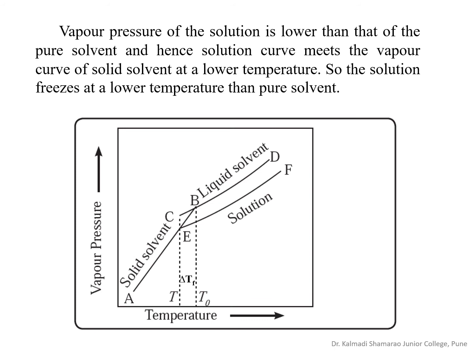Vapor pressure of the solution is lower than that of the pure solvent, and hence the solution curve meets the vapor pressure curve of the solid solvent at a lower temperature. So the solution freezes at a lower temperature than the pure solvent. It is important to note that the solute does not dissolve in the solid solvent.